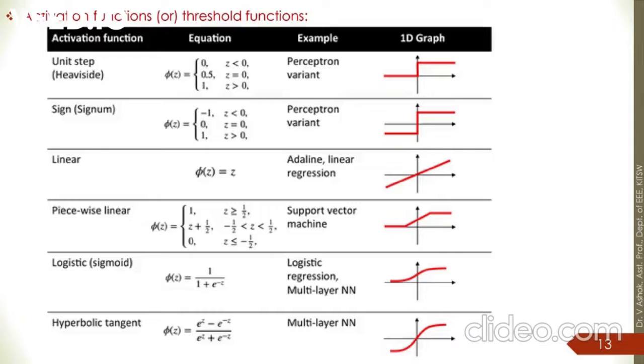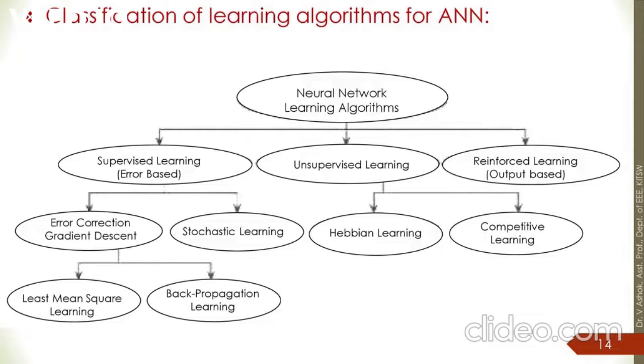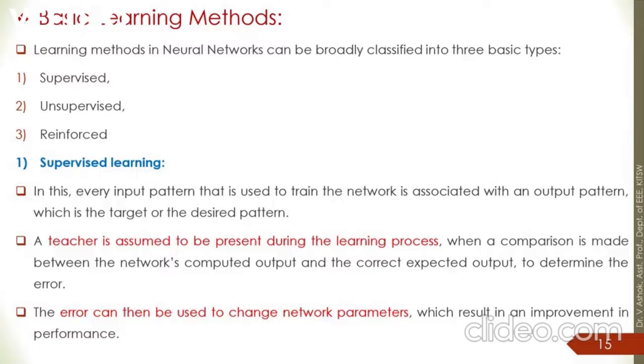The activation or threshold functions are unit step, sine, linear, piecewise linear, logistic, hyperbolic tangent. So this is the classification of learning algorithms of ANN. Take a screenshot of it: supervised, unsupervised and reinforced learning. So the basic learning methods which we discussed are supervised, unsupervised, reinforced.